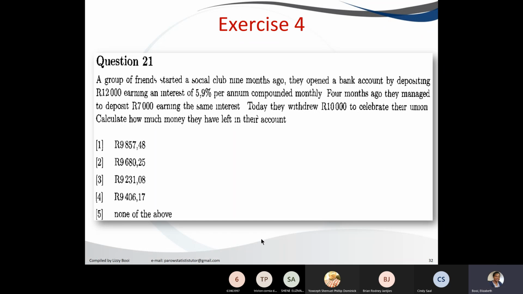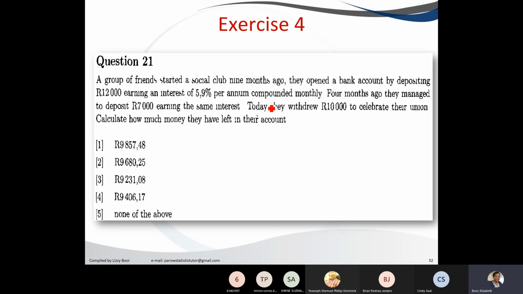Today, they withdraw 10,000 to celebrate. Calculate how much they have left in their account. All the money is moving forward. But what is interesting about this is they say 4 months ago, and because it's compounded monthly, there are 2 ways you can answer the question as well.